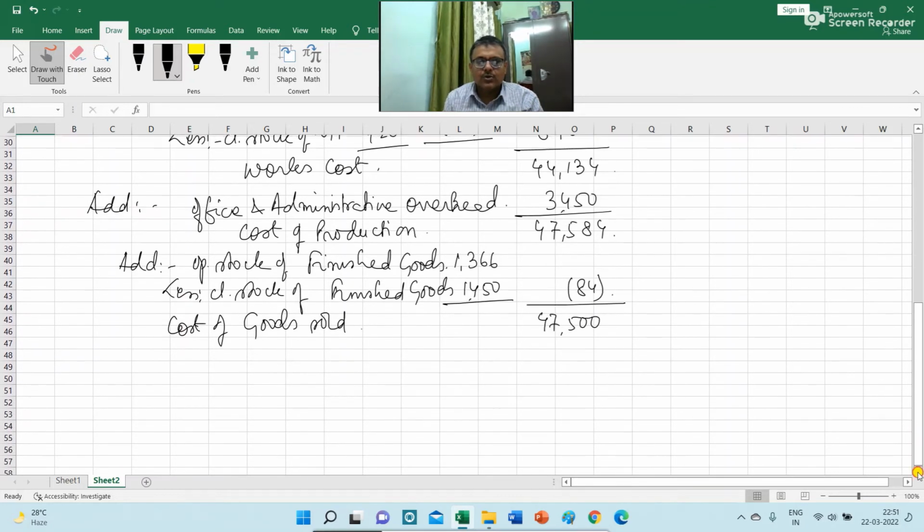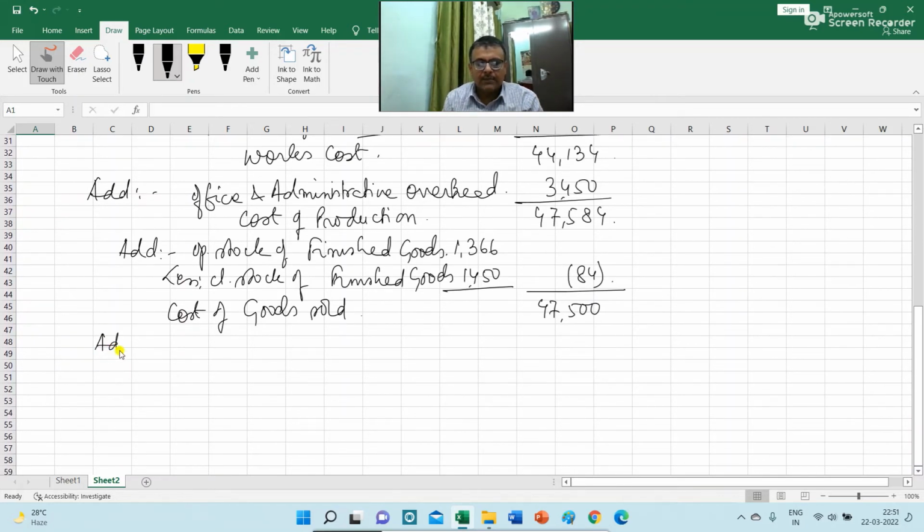With the cost of goods sold, we have to add the selling overhead, and the amount of selling overhead is given as 4,000. You will get cost of sales by adding cost of goods sold and the selling overhead. This is 51,500.